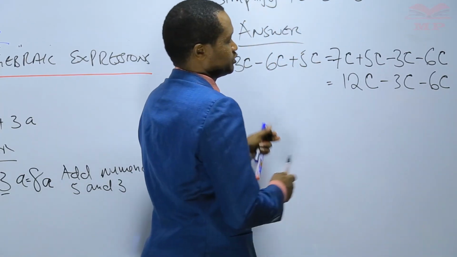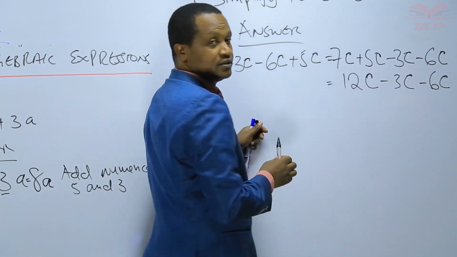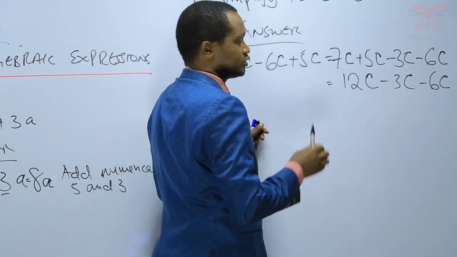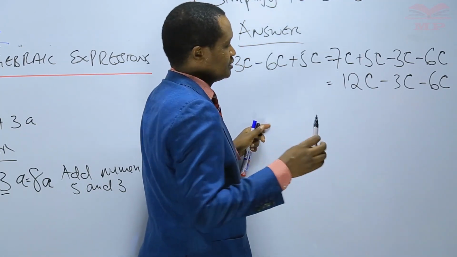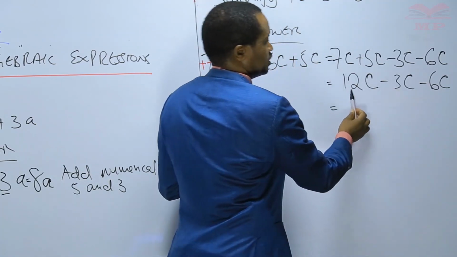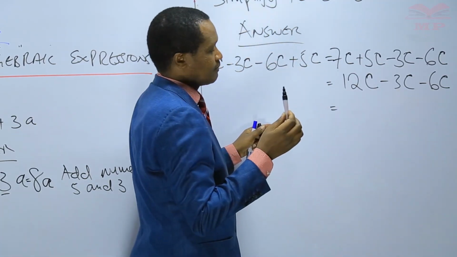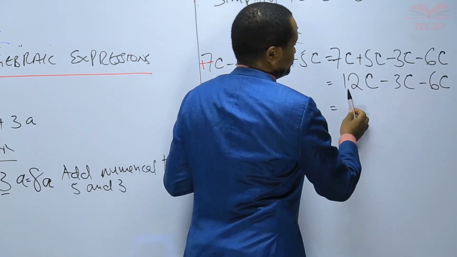So we'll first subtract 3c from 12c. And remember, when subtracting or adding, we only consider the numerical terms. So we will subtract 3c from 12c first. The numerical terms are 12 and 3.